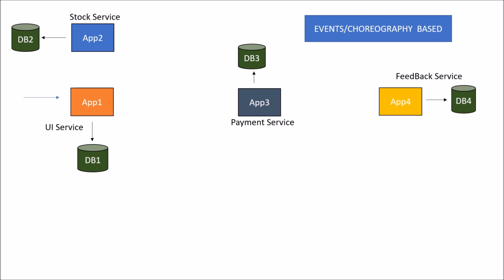The UI service, in the event-based approach implementation, generates an event called selection of a stock, and the stock service listens to this event. On listening to this event, the stock is selected and it further generates a do payment event.